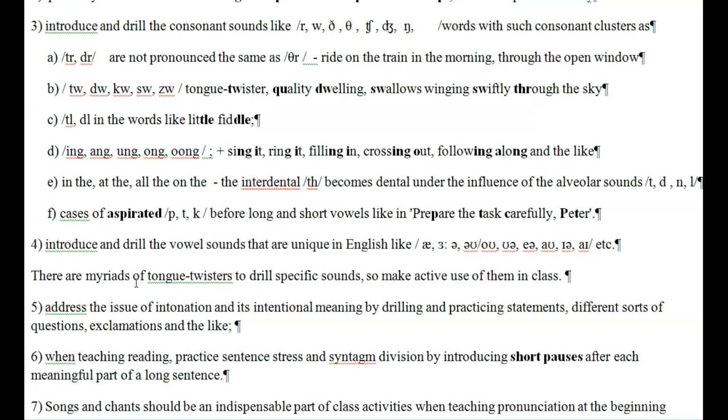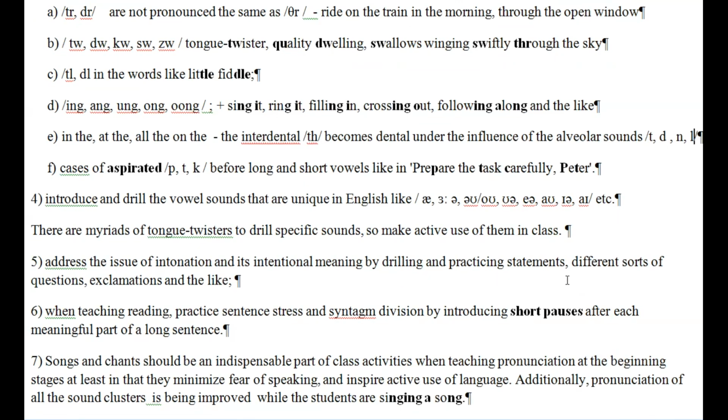And there are myriads of tongue twisters to drill specific sounds, so make active use of them in class. I'm going to be uploading information on tongue twisters later on.